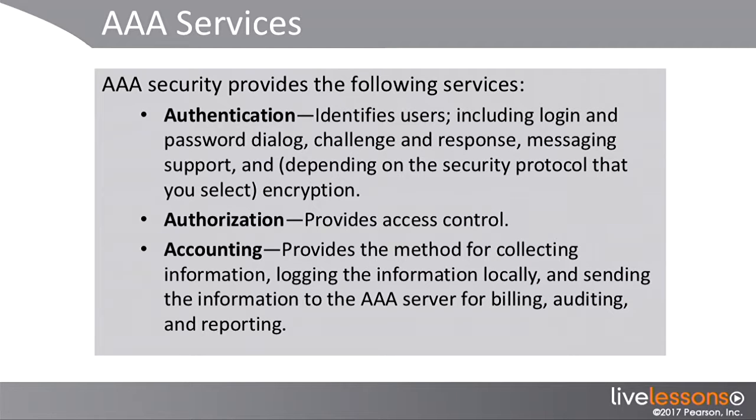In this case, we can collect information from the device saying who made the change, what change they made, and send that to a centralized database in order to keep track of that. You could use that to audit a trail for security compliance. You could use it, for instance, for billing or reporting to upper management.